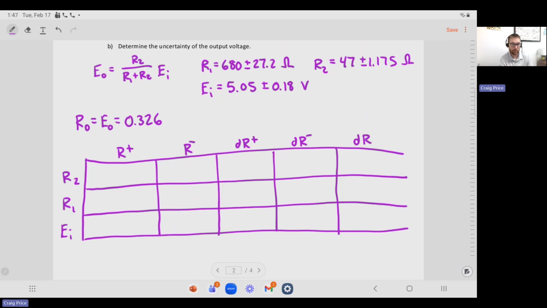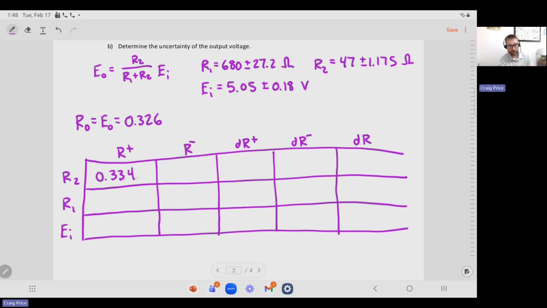If they're all at that nominal value, the problem is each has uncertainty, so we want to figure out what kind of wiggle room we have here. So if I change R plus, let's say for R2, instead of using 47 ohms, I'm going to use 48.175. And that goes both in the numerator and denominator. That changes my value to 0.334.